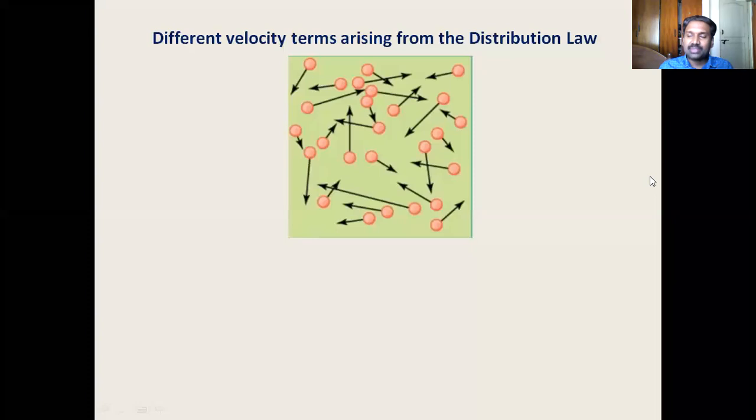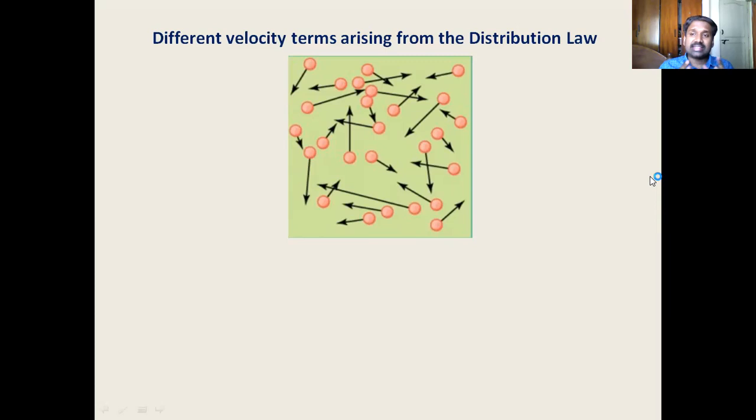You cannot directly use a distribution function. It doesn't give you the value of velocity. Therefore, we take the Maxwell-Boltzmann distribution function, and since it's a differential equation, we will integrate it under different conditions and get answers. And those answers will be the actual velocity formulas.